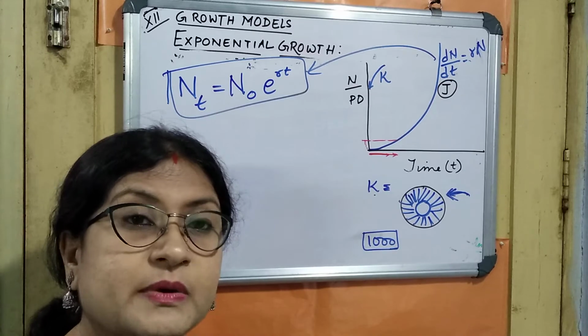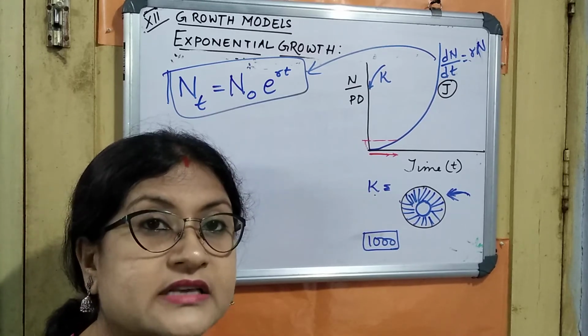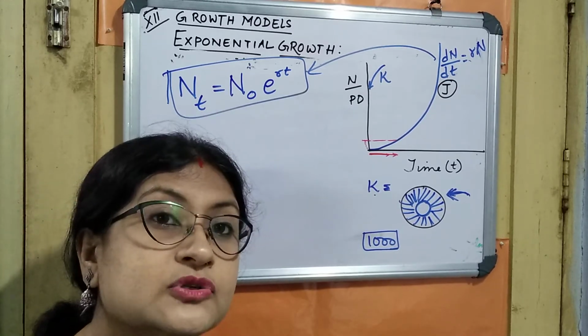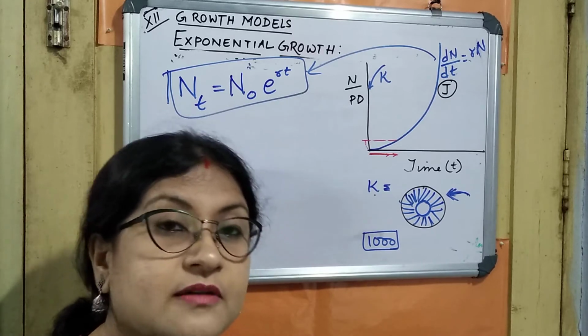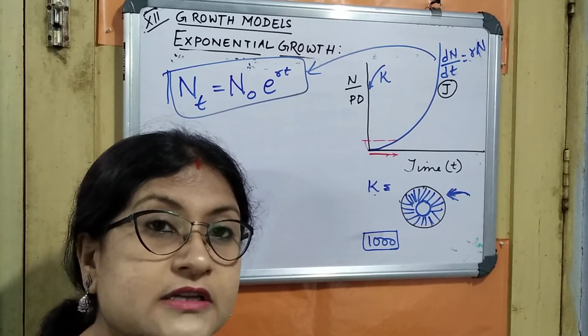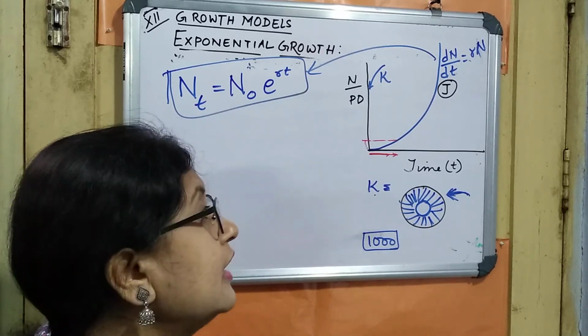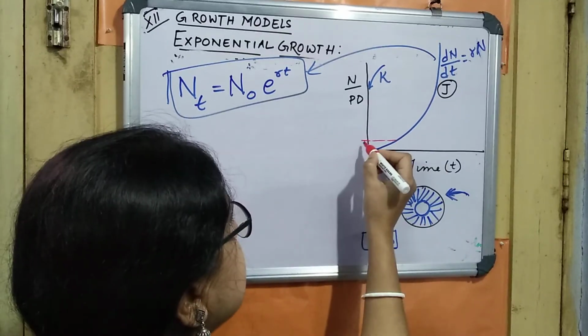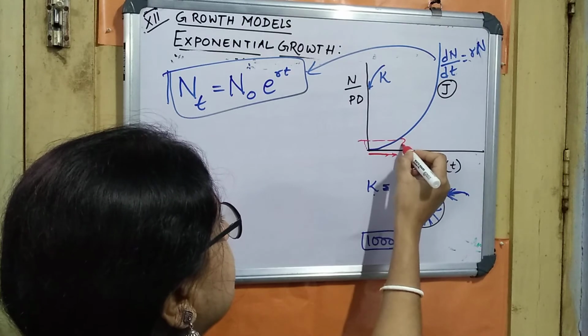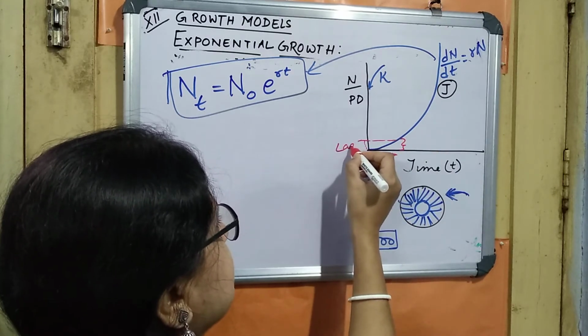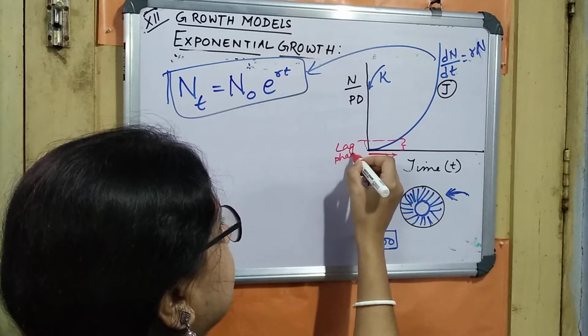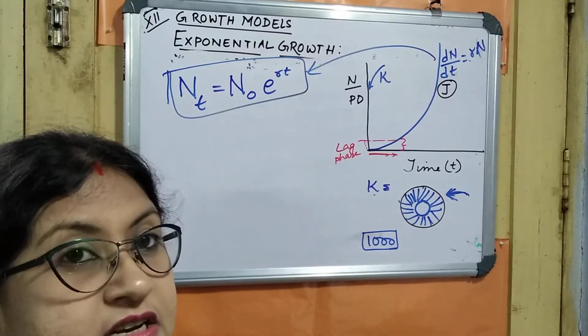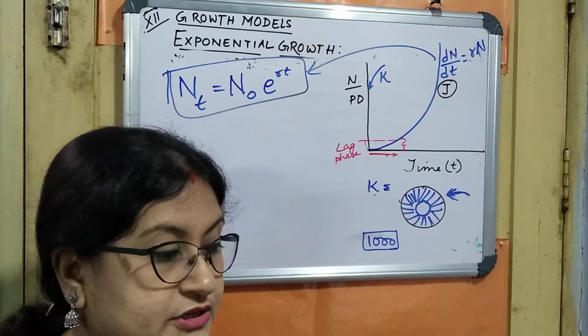So that adjustment time is actually given as a lag phase, where we see that so much reproduction is not taking place. The particular population has to get acclimatized with the surroundings. This actually we call a lag phase. That means the population density is increasing at a very slow rate, right?